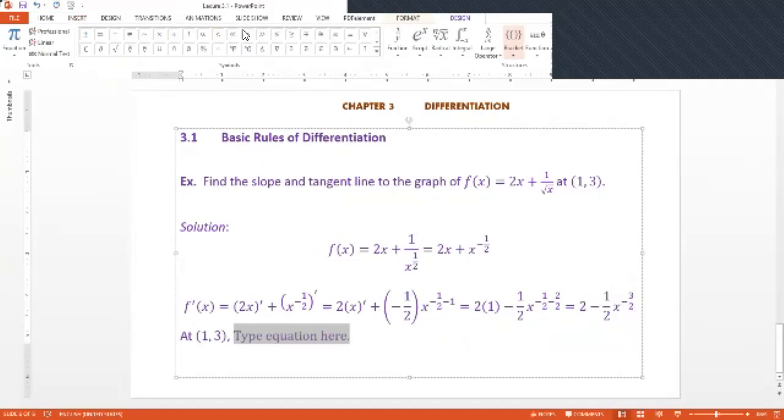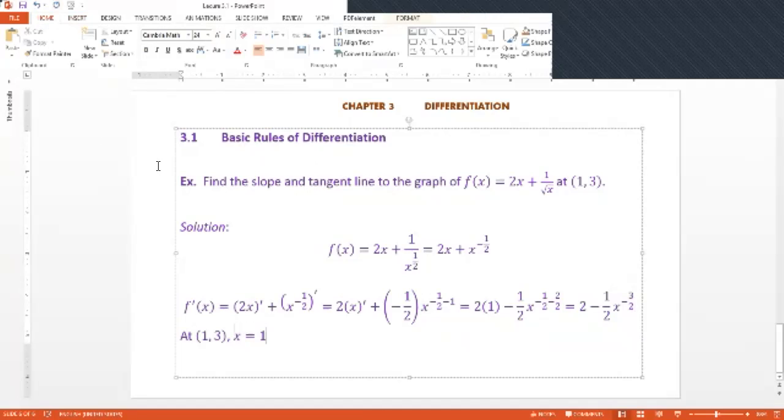So when you plug in 1 in the derivative, we get f prime at 1.